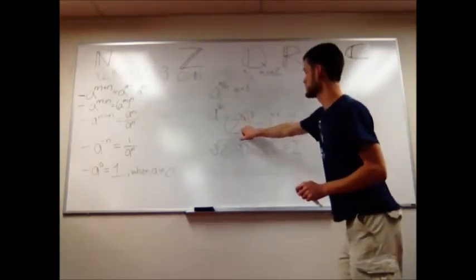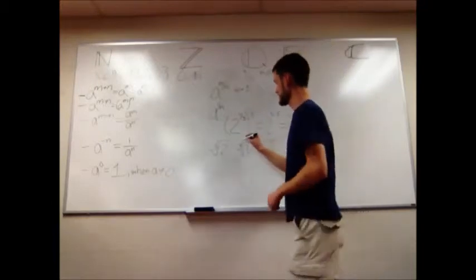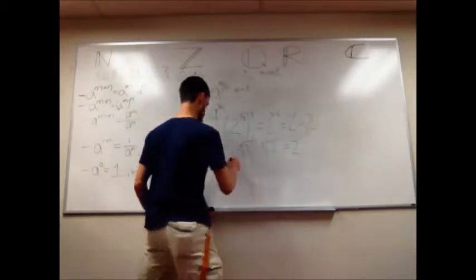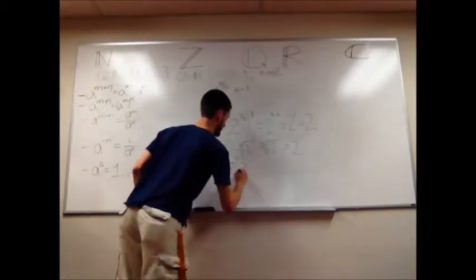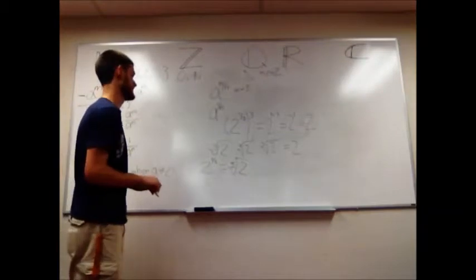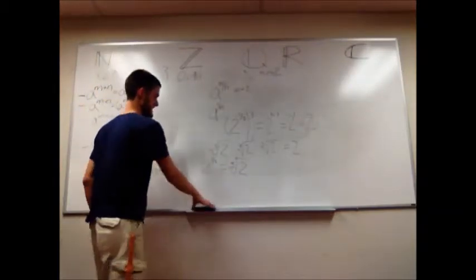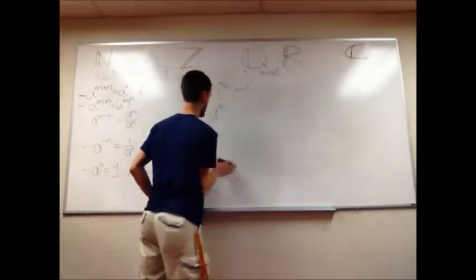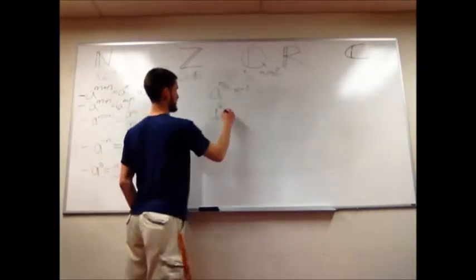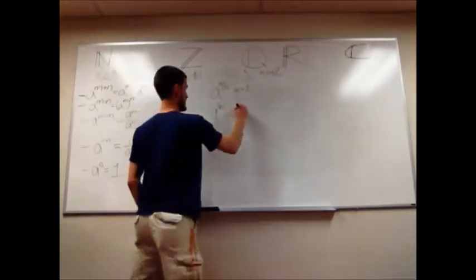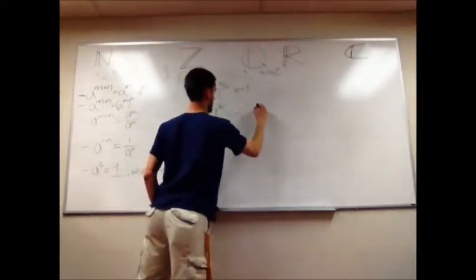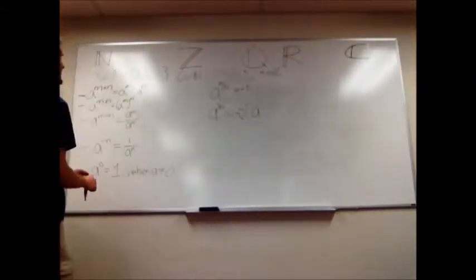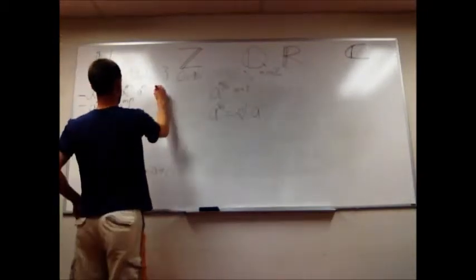So we see that 2 raised to the 1/3 power equals the cube root of 2. We can generalize that pretty simply to say that a to the 1 over n is going to equal the nth root of a. Let's see, where can we add this property? We'll put it right here.